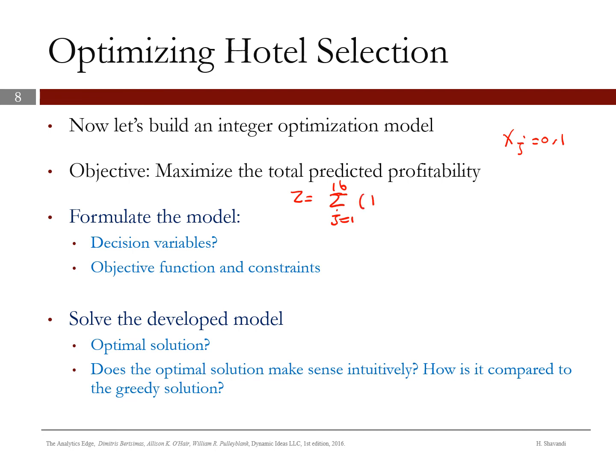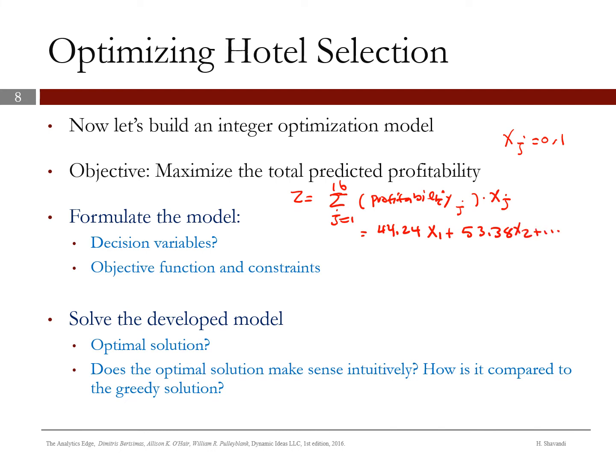The coefficient would be the profitability obtained by the linear regression model, profitability of j times xj. For example, the first location has the predicted profitability of 44.24 times x1, plus the second one has 53.38 x2, plus, and so on.